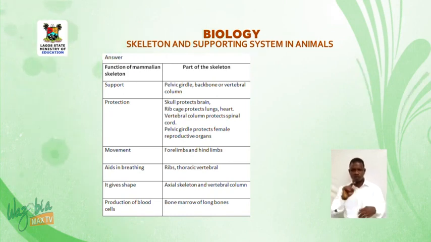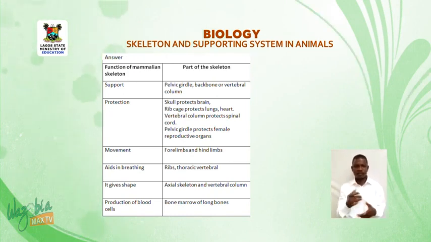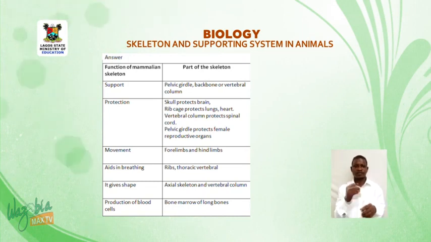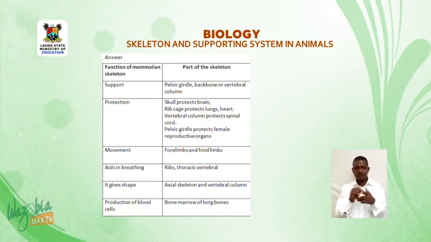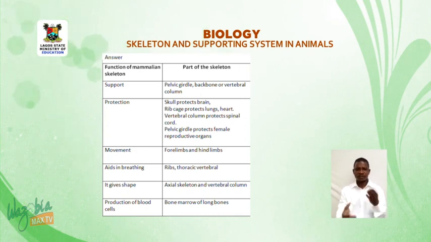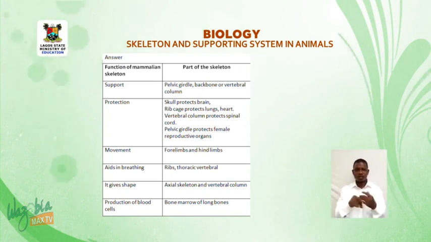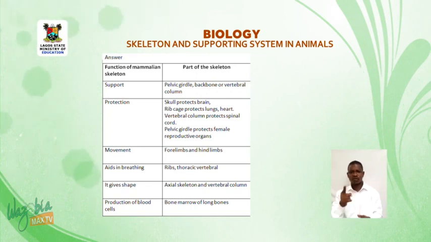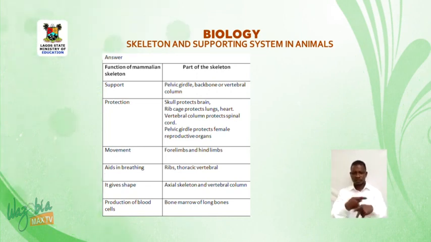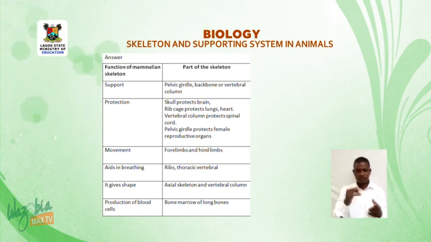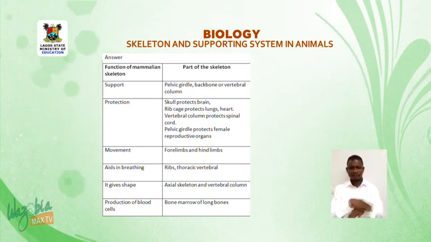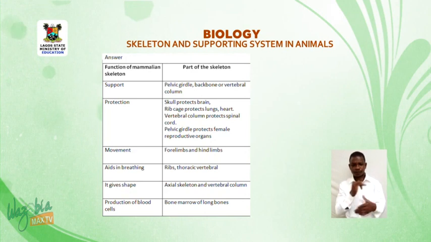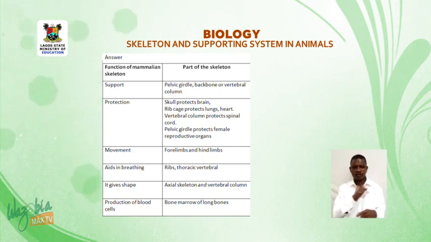Functions of mammalian skeleton: movement, part of skeleton: fore and hind limbs. Aids in breathing, part of skeleton: ribs, thoracic vertebra. It gives shape, part of skeleton: axial skeleton and vertebral column.